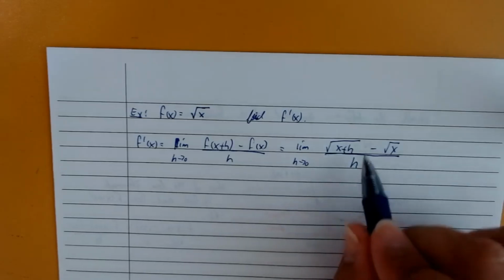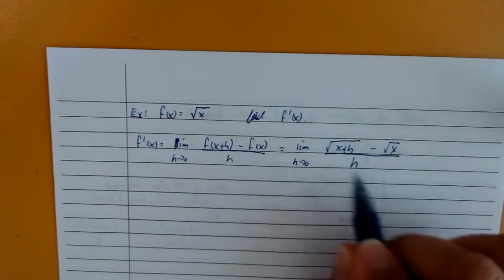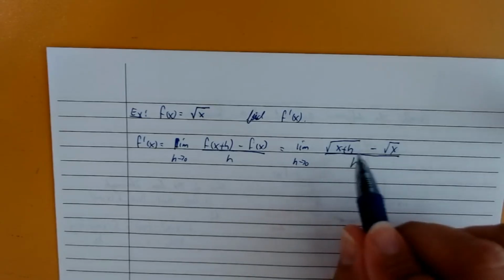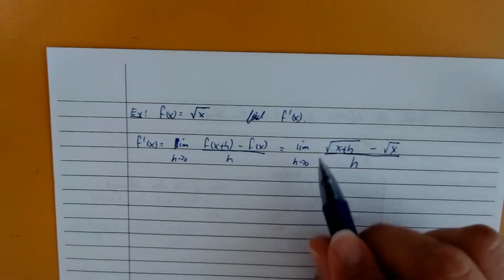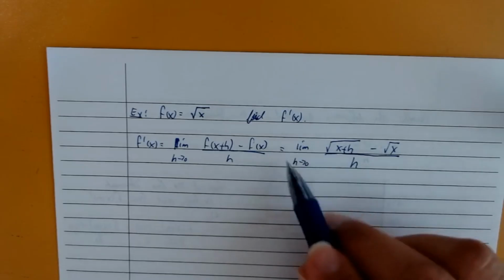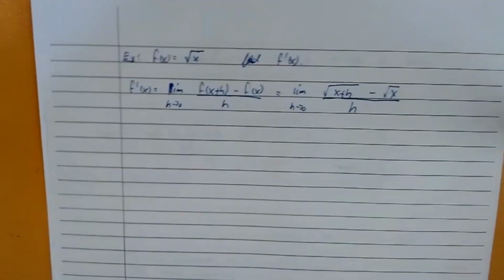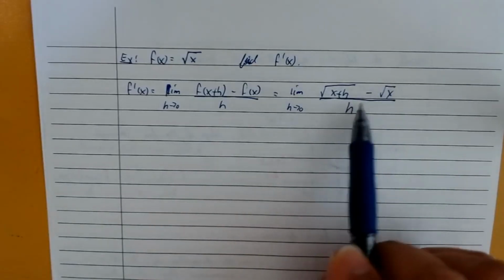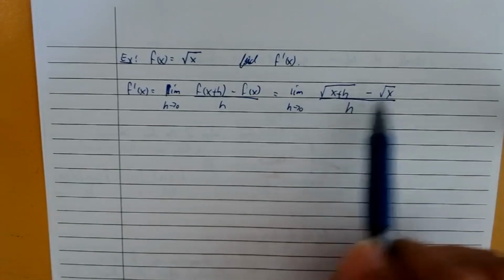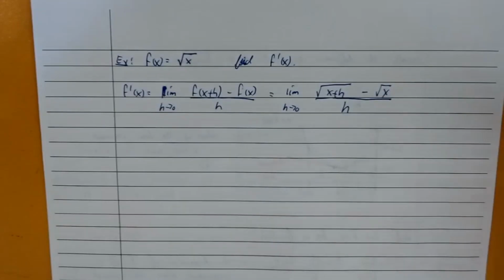Okay, well, I can simplify this. We have seen that if you take an expression that has a square root in either the top or the bottom, and you cannot plug in a value to take a limit, often what is required is you can rationalize the part that has a square root, either the numerator or denominator. In this case, the numerator.